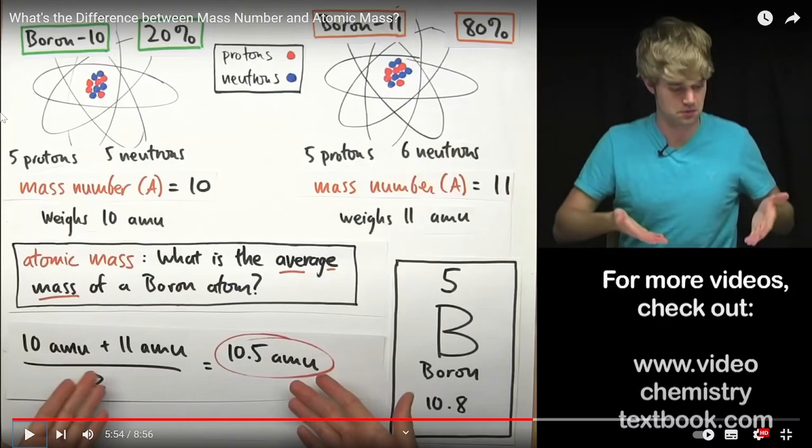The average mass of boron is not 10.5, it is actually 10.8. So in that little circle where it says 10 plus 11 divided by 2, you can write 10.5, and if you want to X it out, you can, because it's wrong. But often people think, I'm taking an average, just add them up and divide by 2.